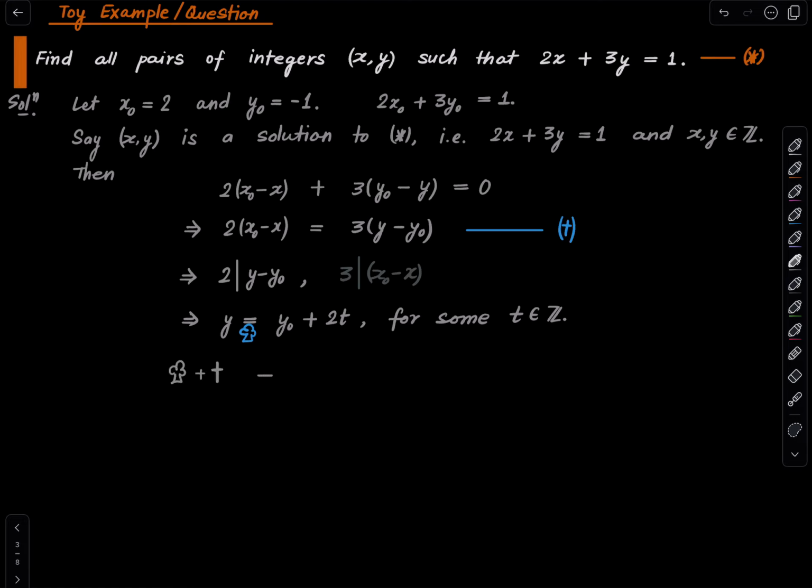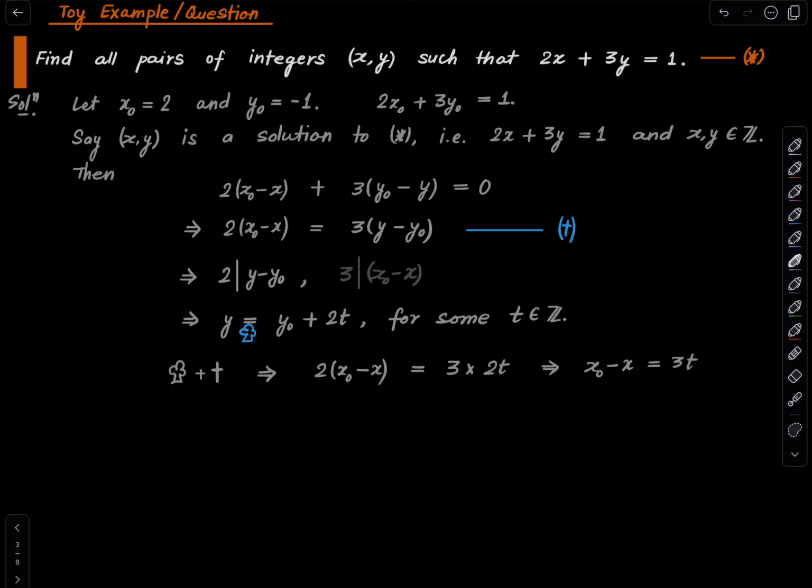So broccoli and dagger together give us that twice of x naught minus x is equal to thrice of 2t. If you substitute y as that expression, then this becomes that thing. Great. So what does that tell us? This gives us that x naught minus x is 3t.